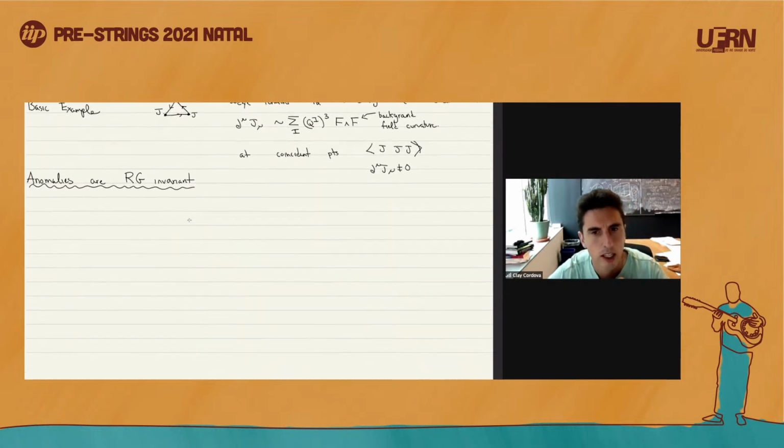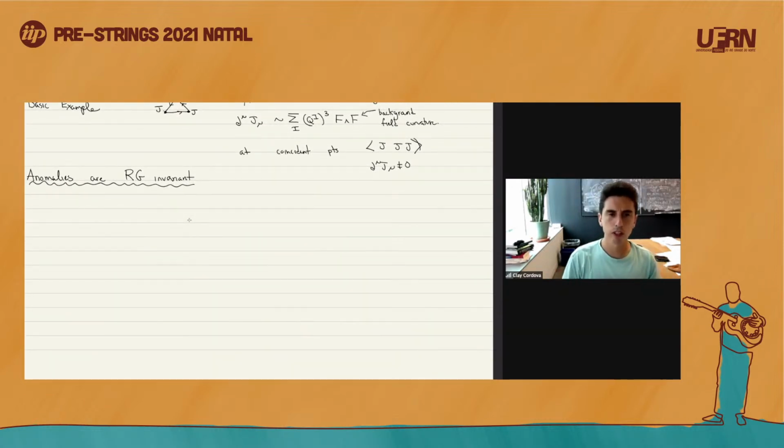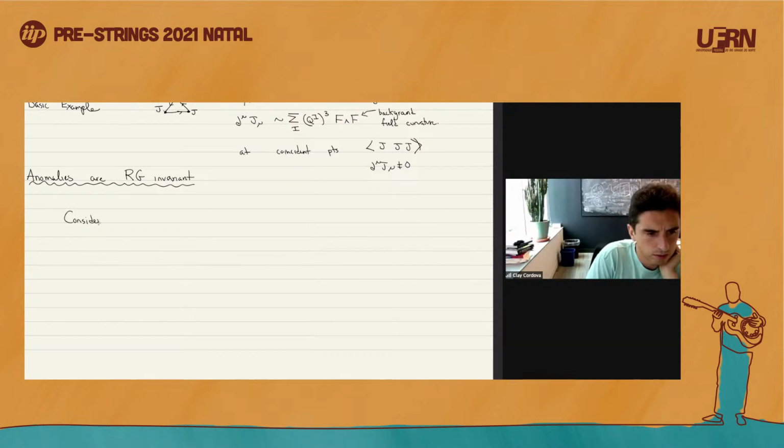So I'd like to give you an intuitive proof of this. It's not a completely rigorous argument, but it captures the spirit of what's going on. So let's consider the partition function Z of A and g. Again, A is a background gauge field for any type of global symmetry we might want, and g here is a background metric.